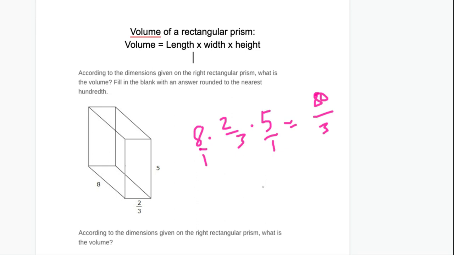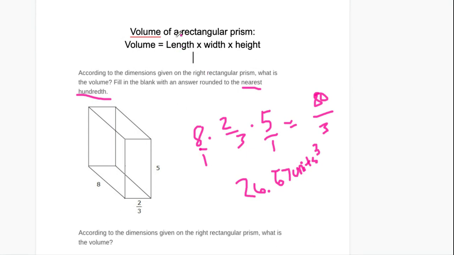So 80 over 3 is the same thing as 80 divided by 3, which comes up to 26.6 repeating. And volume is always units cubed. Now, if you'll notice, this says round to the nearest hundredth. So I would call this 26.67 when I rounded it. Units to the third power, units cubed.